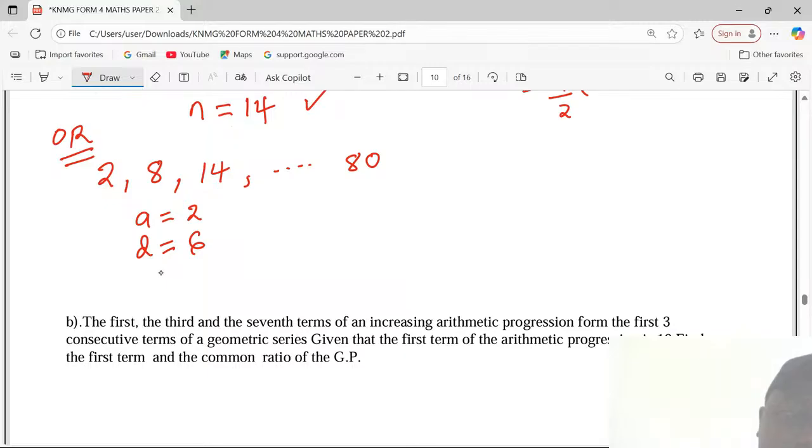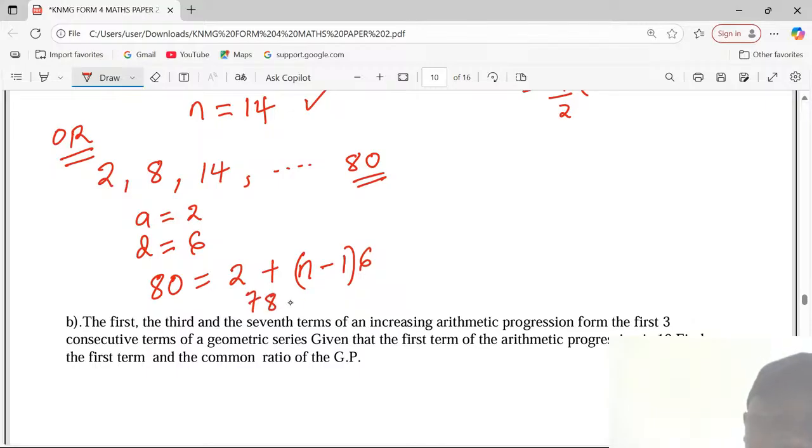For us to arrive at 80, the number of terms can be determined because 80 is equal to the first term plus n minus 1 times the common difference, which is 6. So 78 equals 6n minus 6. Now we add 6 to the other side to give 84 equals 6n.